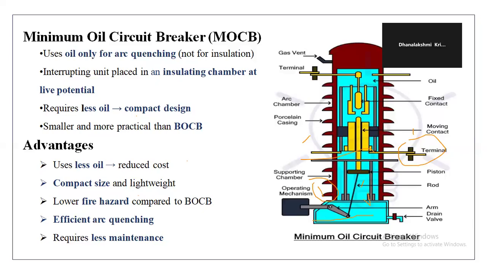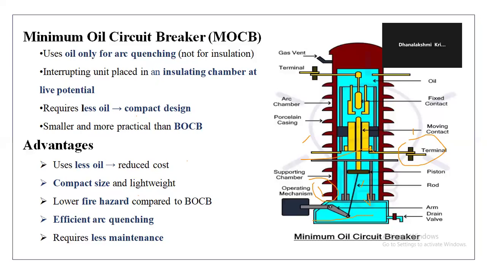In fact, only a small percentage, about 10%, of the oil in the bulk oil circuit breaker is actually used for the arc extinction. We have one question: why should the remainder of the oil that is not immediately surrounding the device not be omitted, with the consequent saving in bulk, weight and fire risk?